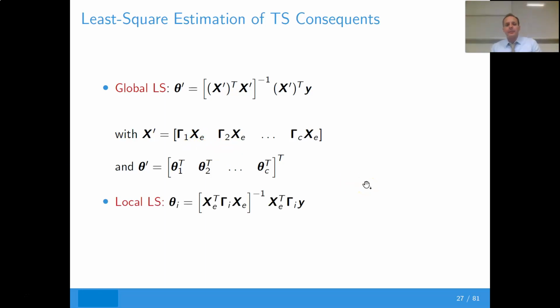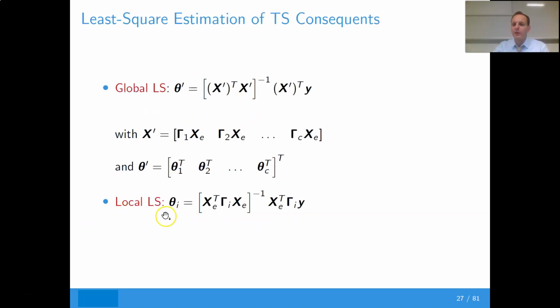There is another approach which is called local least square. In the case of the local least square, it is a little bit different, because you are optimizing for each rule. You have the same capital X E, but you have gamma e. So for each rule, you are estimating the local parameter vector.